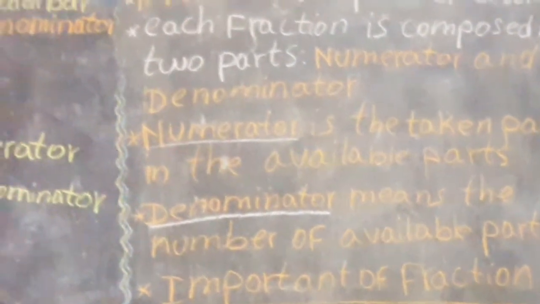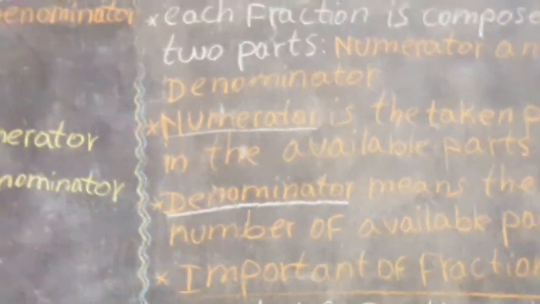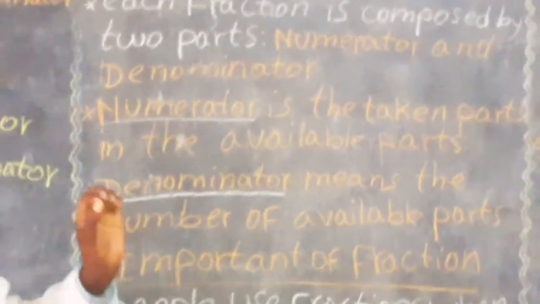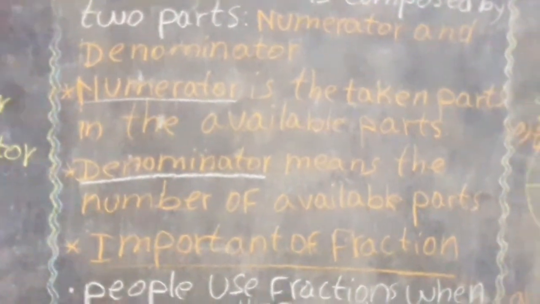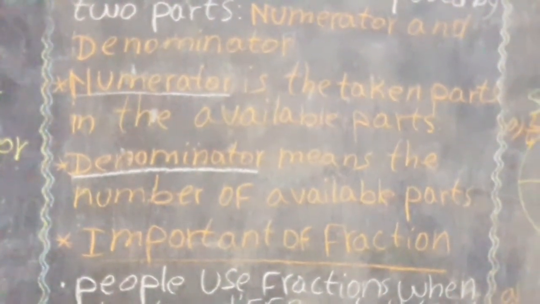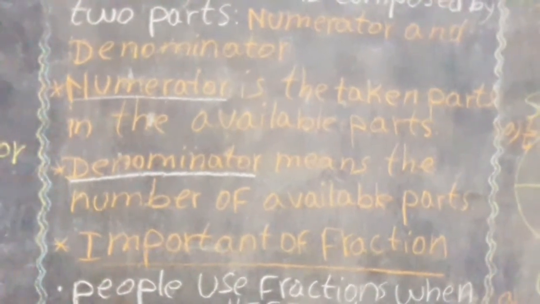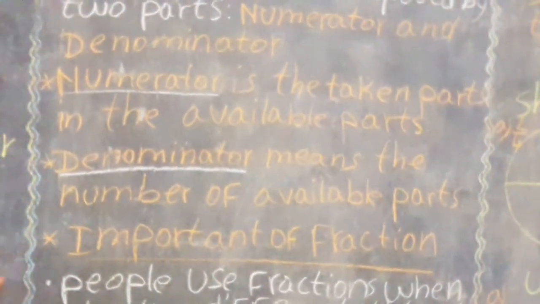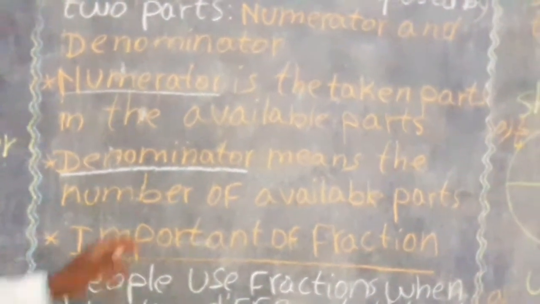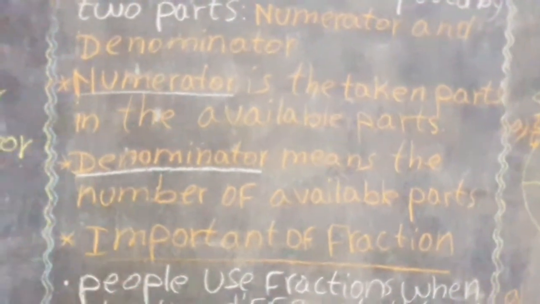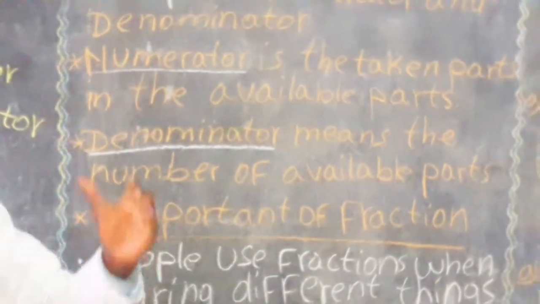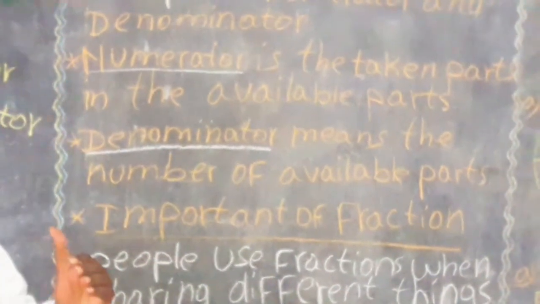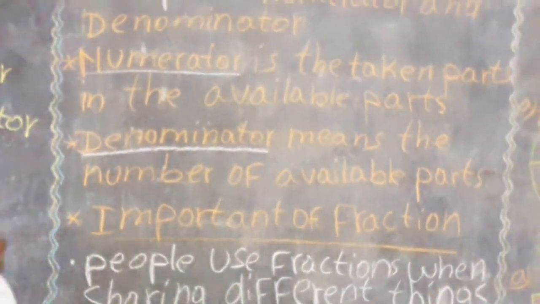Numerator is the taken parts in the available parts. Denominator means the number of available parts divided into the whole.